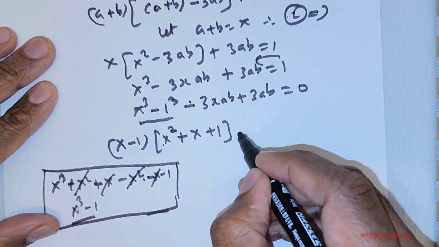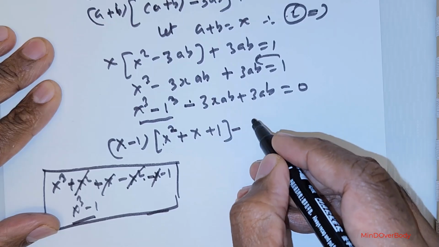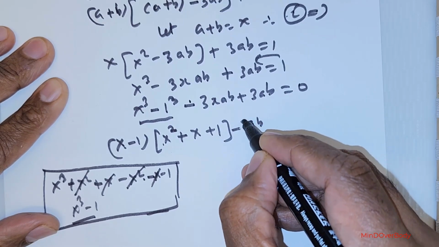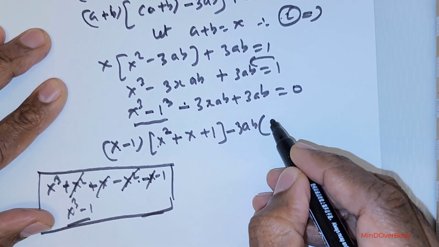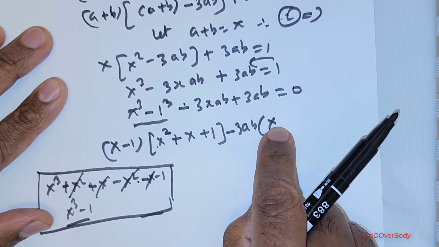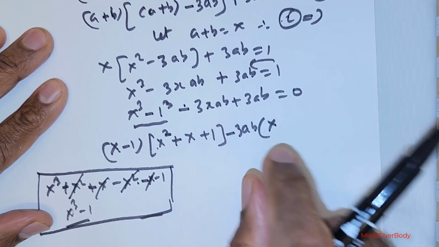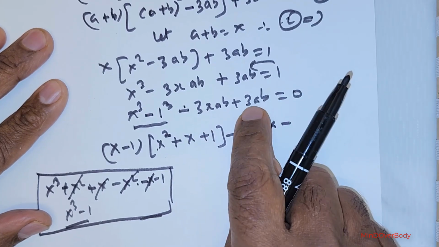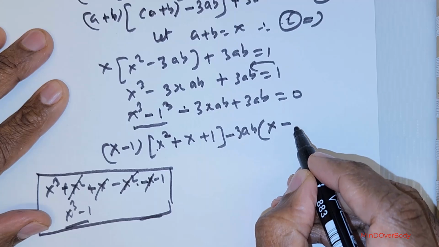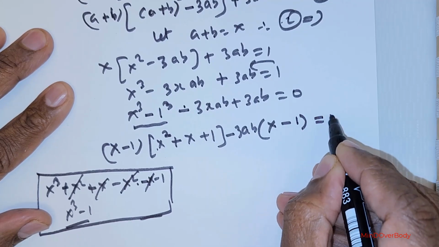And I need to produce that x again, right? So I will take 3ab out. If I take 3ab out, I will have x here. x times negative 3ab will give me this quantity, negative 3 times xab, and I need to get a positive ab there, so I will place a negative 1.